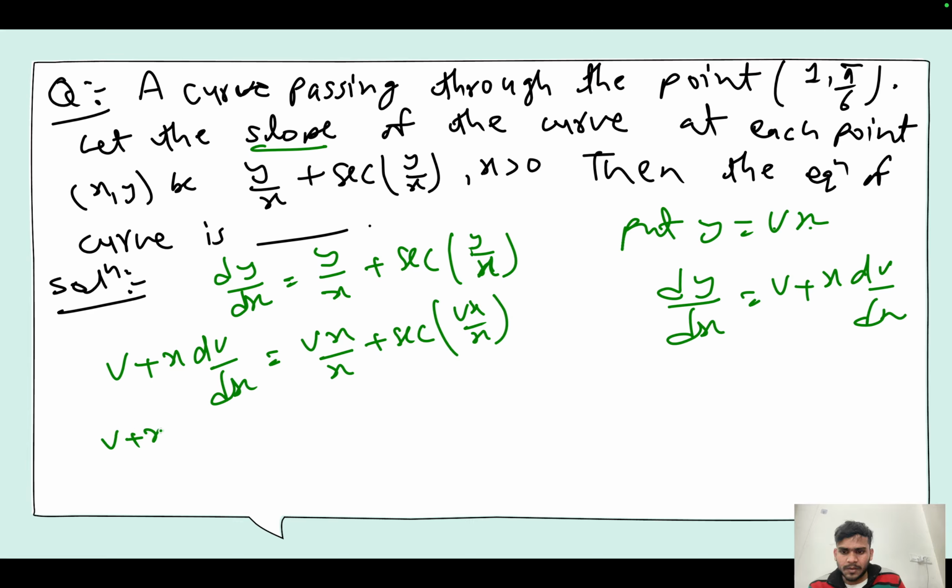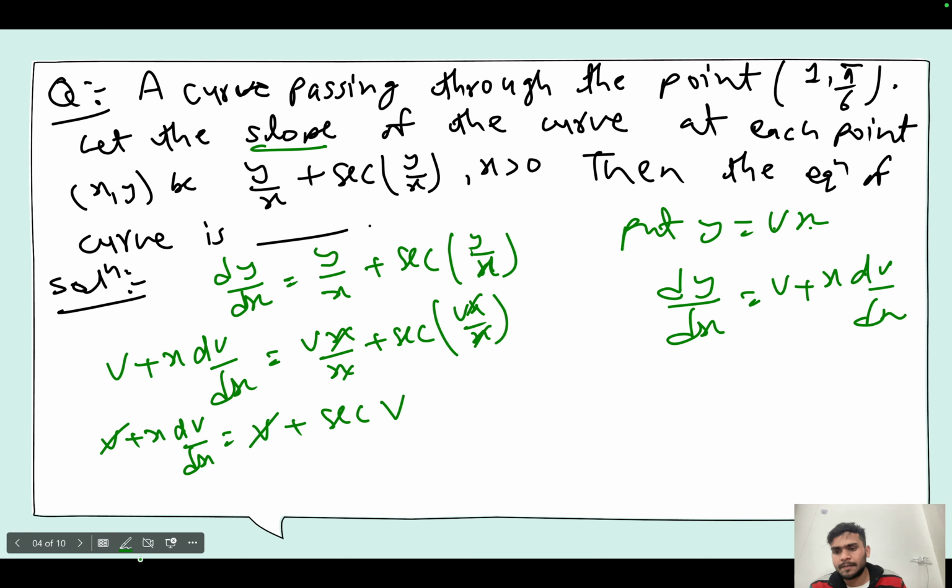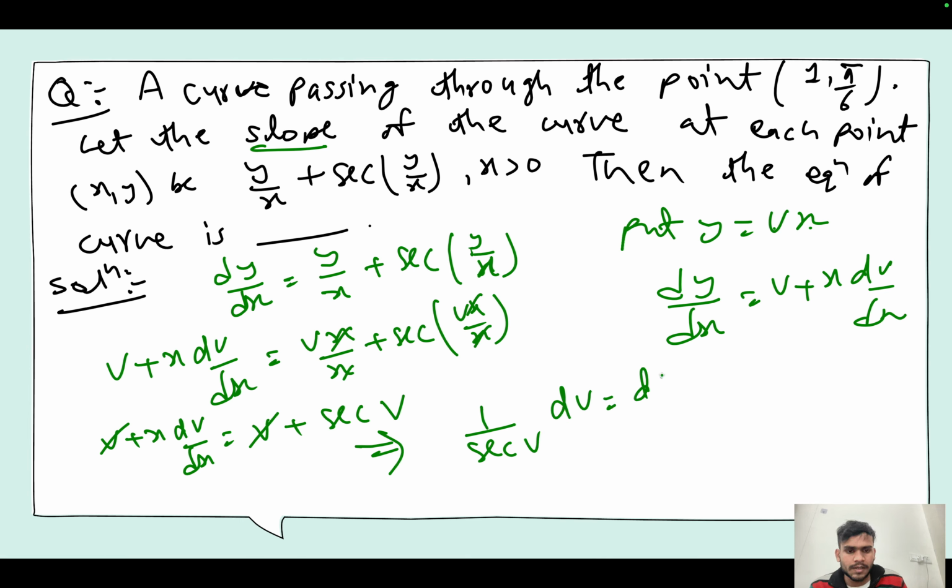So v plus x dv by dx is equal to, x will cancel out, so it will become v plus sec v. v will cancel out. From this we will get 1 by sec v dv is equal to dx by x.